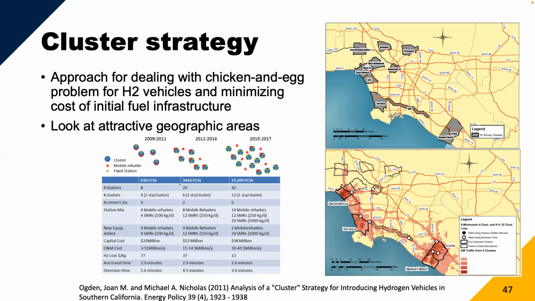Yeah, so this is one way that you can think about dealing with this chicken and egg problem, is to identify the attractive geographic areas, places where we also think that there's both an intersection of people traveling and where people would buy or use hydrogen vehicles. And so they came up with this sort of analysis to look at these maps. And these are all influential to policymakers trying to figure out where to deploy stations.